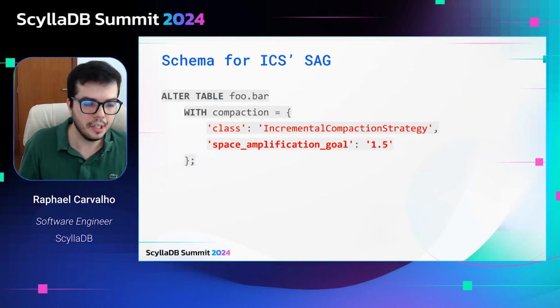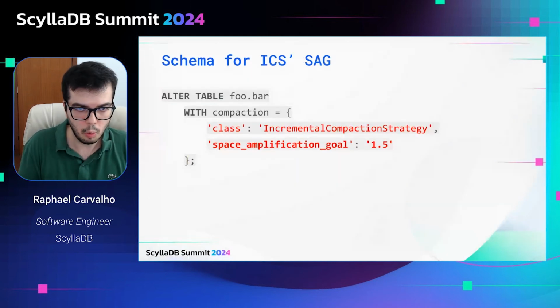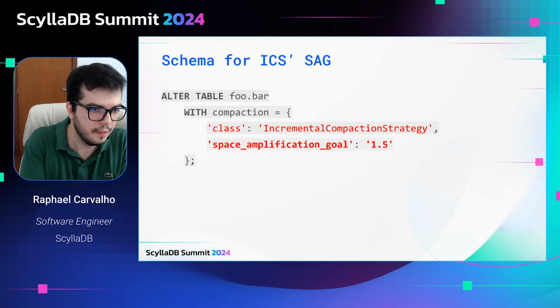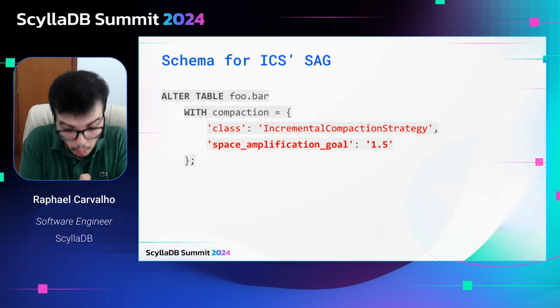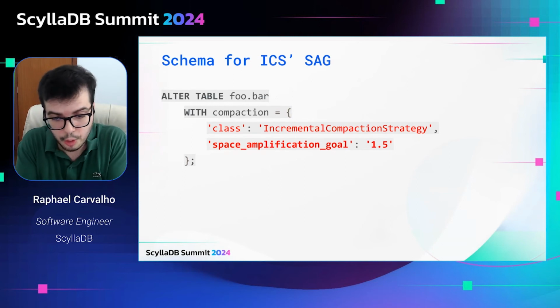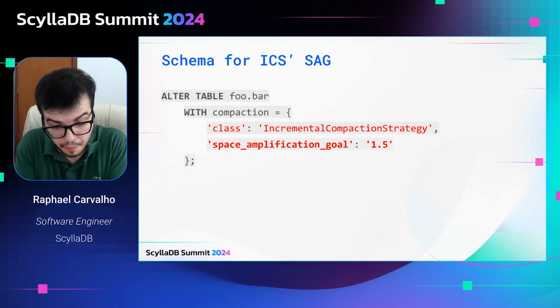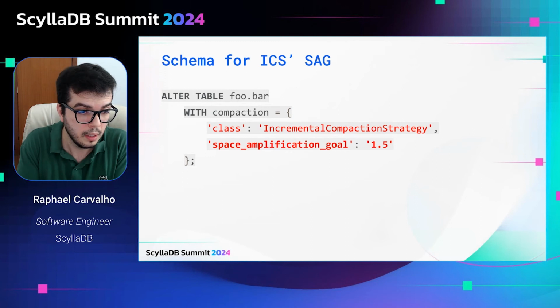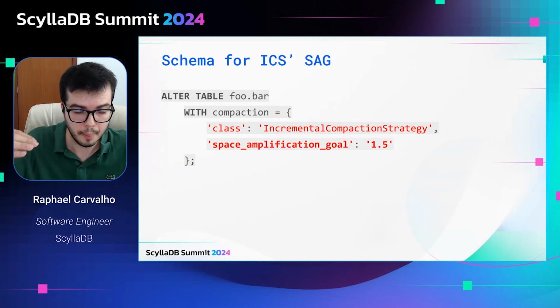And this is how you're going to configure it. We recommend starting with a value of 1.5, meaning that the compaction strategy will be targeting a maximum of 50% of space amplification. But like I said, it's not like the upper bound.